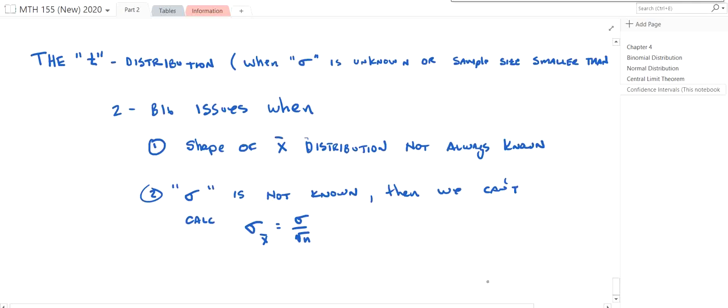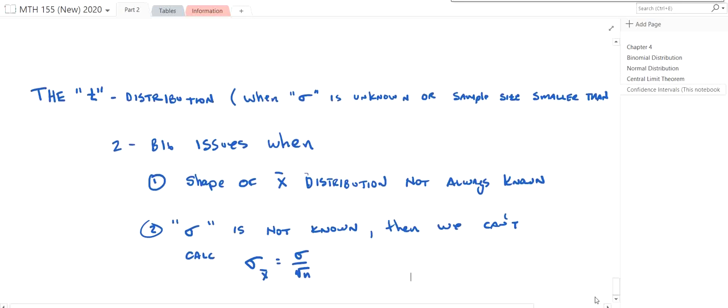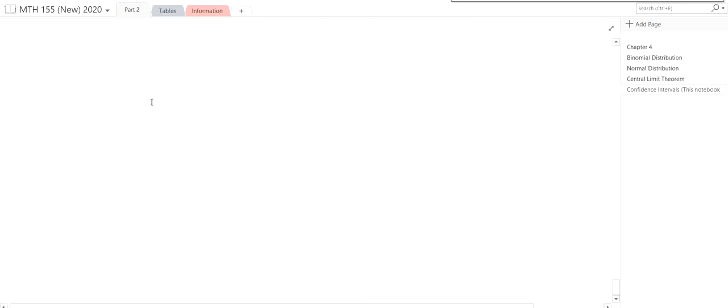So what we're going to do is use a new distribution to account for these situations, and that distribution is our t distribution.